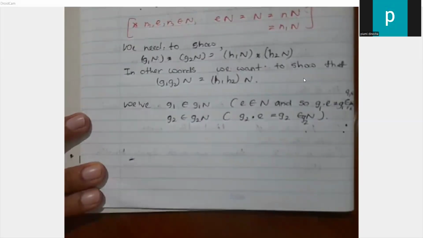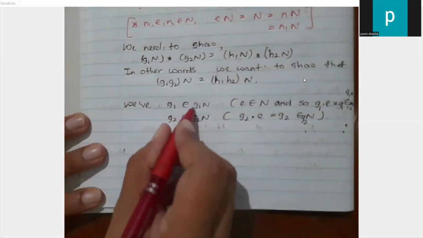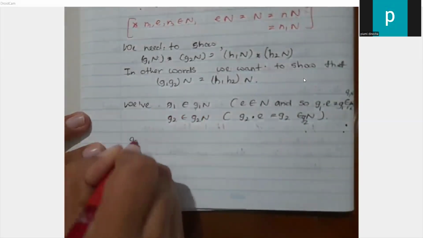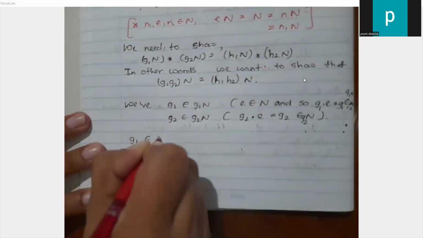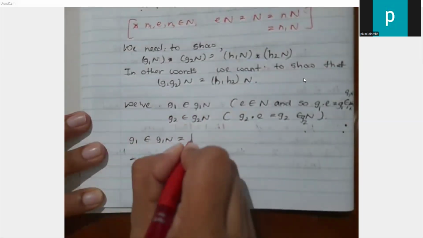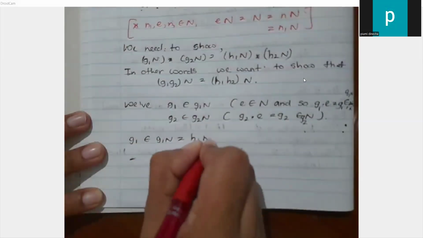Now, because g1 is in g1N, we have g1 belonging to g1N, which is equal to h1N.